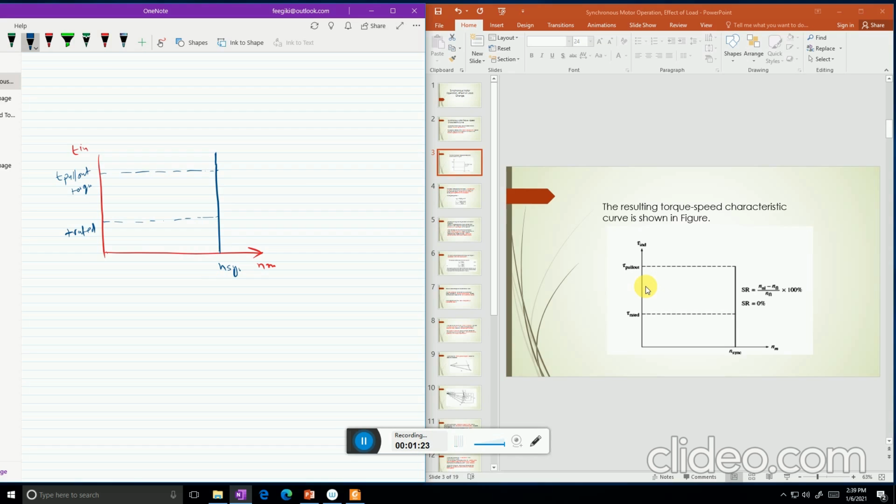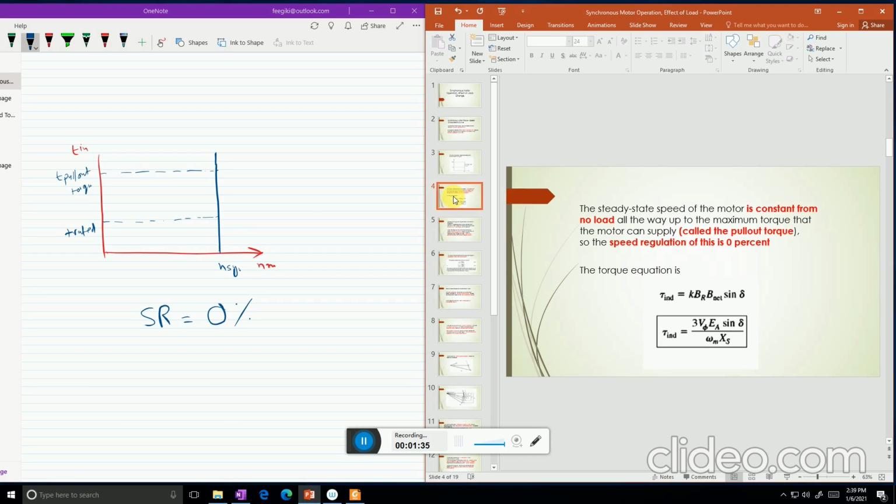And as the speed is not changing, the speed regulation of a synchronous motor is 0%. The steady state speed of the motor is constant from no load all the way up to the maximum torque that the motor can supply, called the pull out torque. So the speed regulation is 0%.